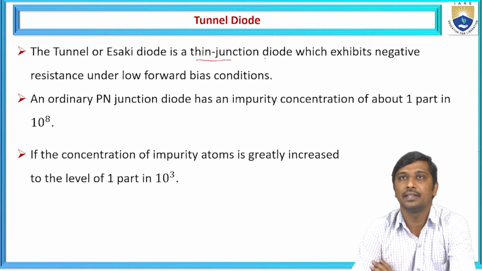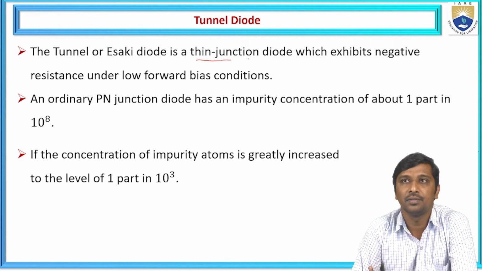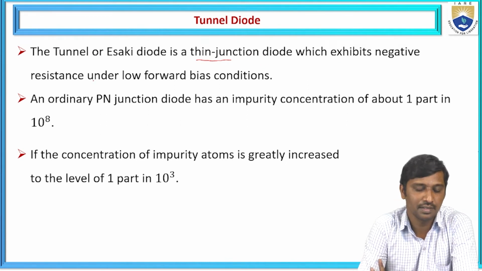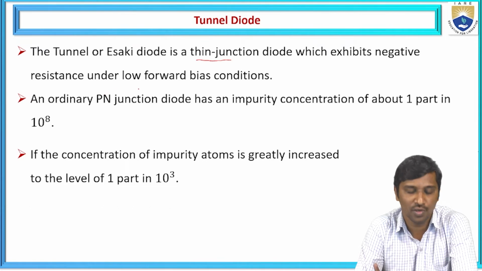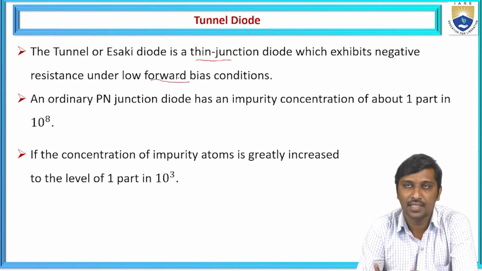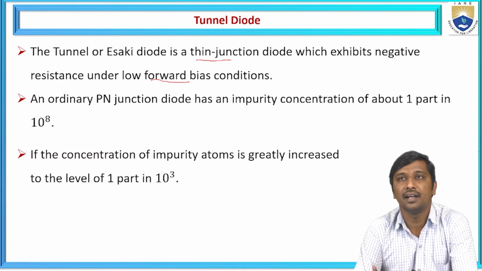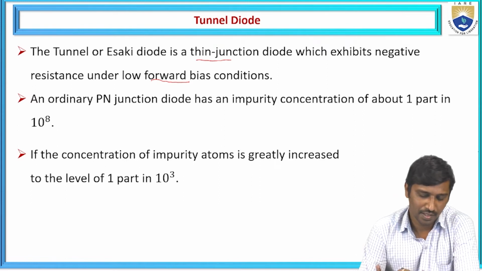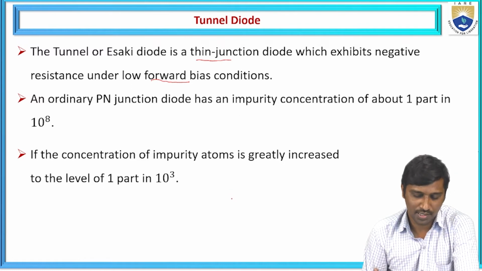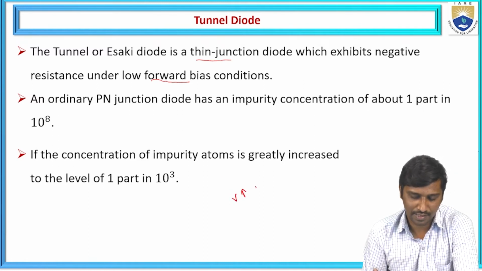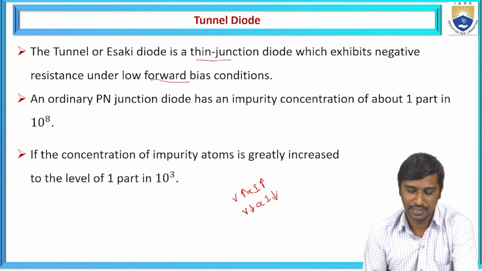One more property of the tunnel diode is that it exhibits negative resistance under low forward bias condition. Actually we have two types of characteristics, either positive resistance or negative resistance. With positive resistance, if V increases, the current also increases proportionally, linearly; if V decreases, the current also decreases.